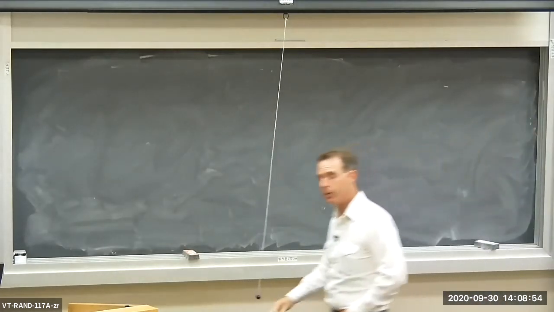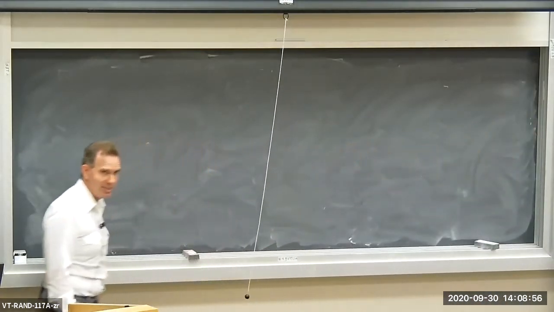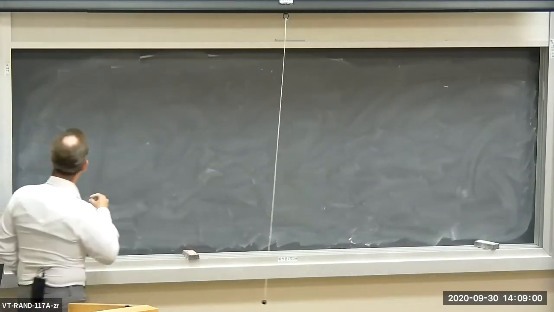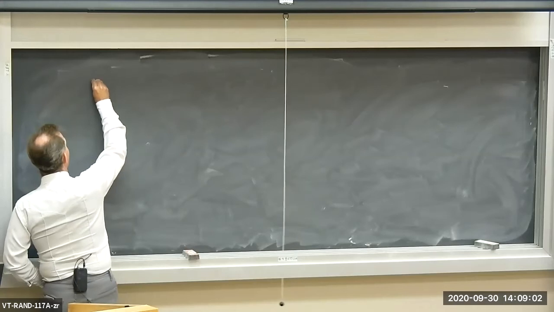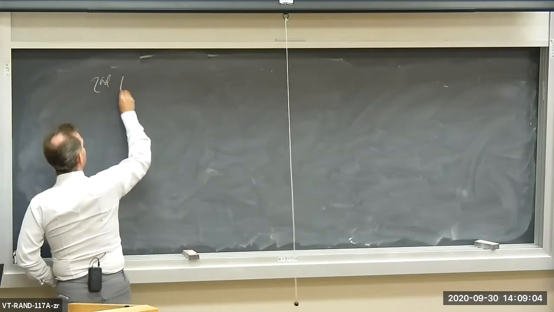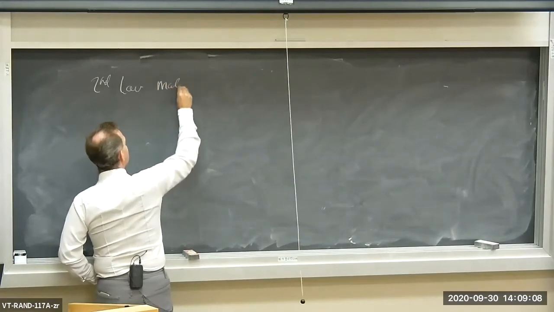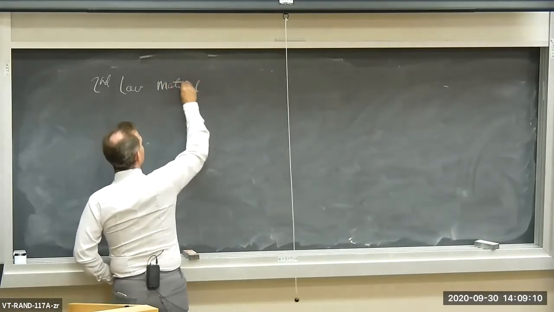That property, as you may have guessed, is entropy. So let's do a little review here. Second law material review.